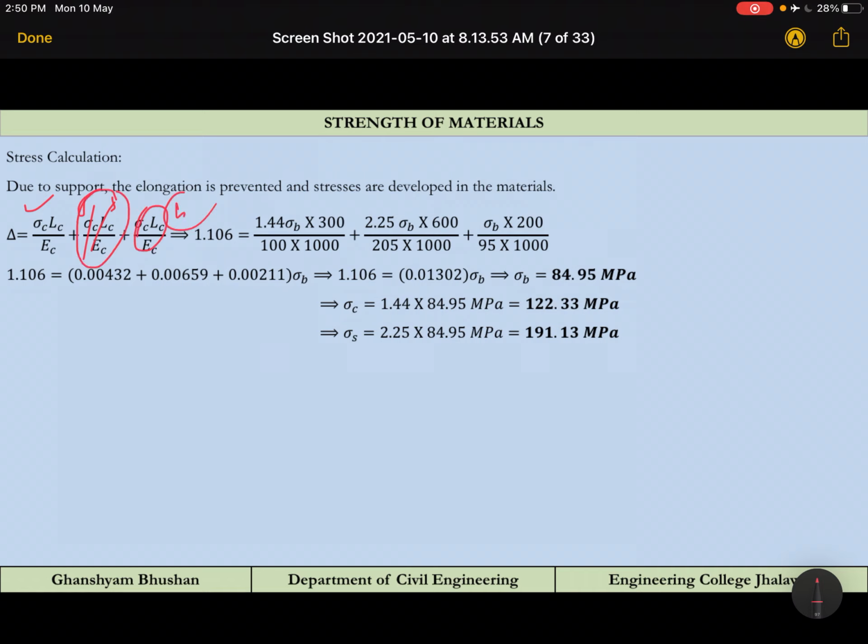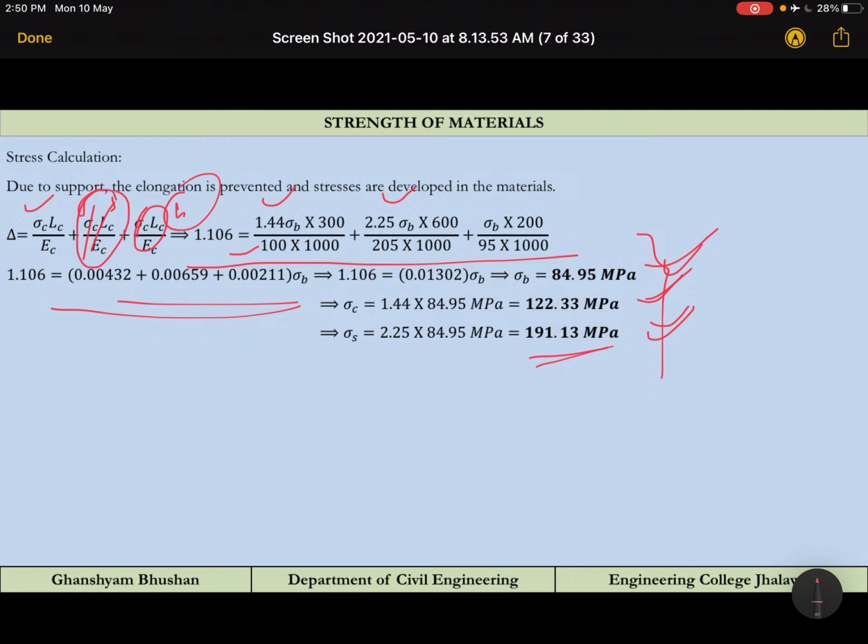Finally you can see here, this is sigma C, this is sigma S, and this is sigma B. After putting all the values, we get a final equation in terms of sigma B only. Sigma B is calculated as 84.95 MPa, and by the relation of sigma C and sigma S to sigma B, you can calculate all the stresses here.